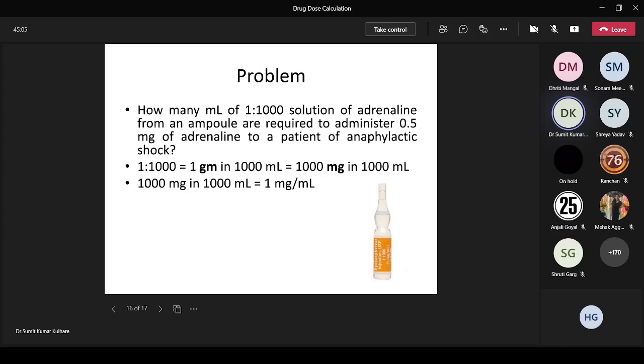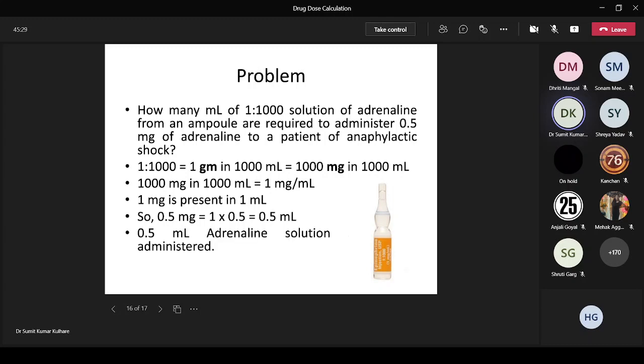To simplify, that would mean 1 milligram of adrenaline is present in 1 ml. You have already learned from the book that you have to administer 0.5 milligram. Again, use the formula D = Q by H, and with the help of that formula you will know that you have to administer 0.5 ml of this solution intramuscularly, and your patient can be saved from anaphylactic shock.